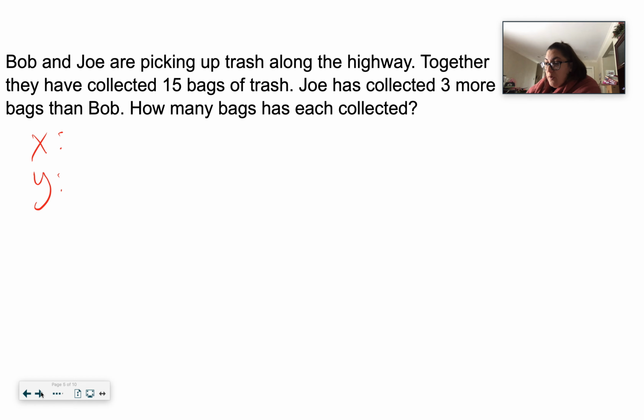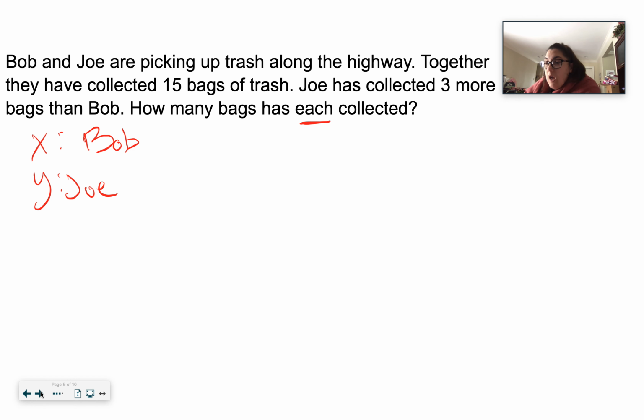Okay, so we have 2 people picking up trash, right? So who are the 2 people? So the question is, how many bags has each collected? So when they say this right here, they're talking about each person. So who are the 2 people that I'm talking about here? Bob and Joe.